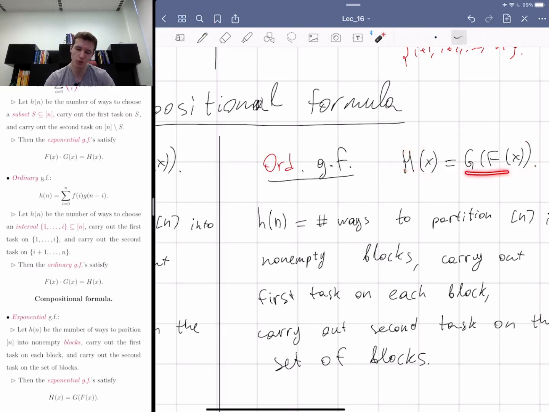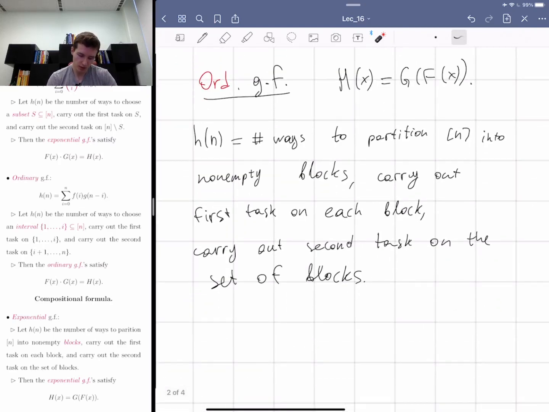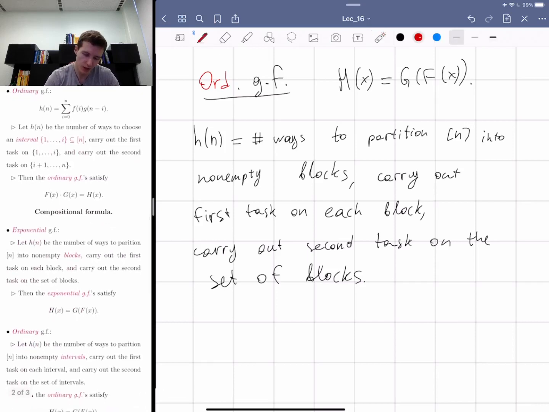You have two sequences and you want to define a new one, so you want to give a combinatorial interpretation of the composition of ordinary generating functions. So it's going to be the number of ways to, again, what I'm going to do is replace the word blocks, so you want to partition the set bracket n into a number of non-empty intervals. Carry out the first task on each interval, and carry out the second task on the set of intervals.